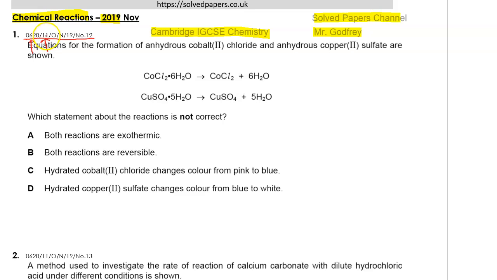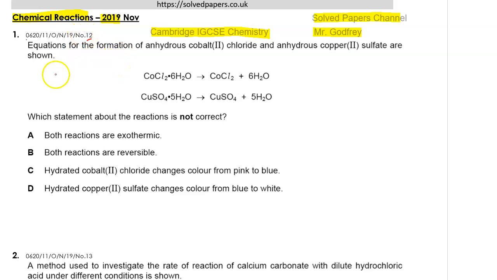Variant 1, multiple choice, October-November, 2019, and this is question number 12. So this question was set in variant 1, and it was number 12 in that variant, if you need to refer and also cross-check the marking scheme if you so desire.